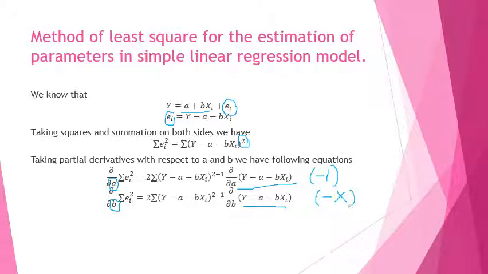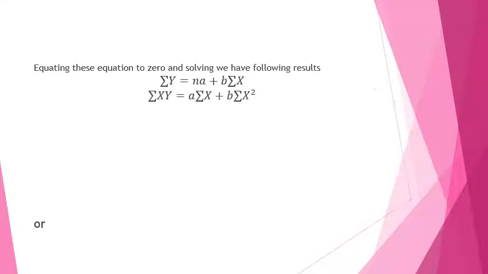Now equating these equations to 0 and simplifying, we get the following equations. These two equations are also called normal equations.